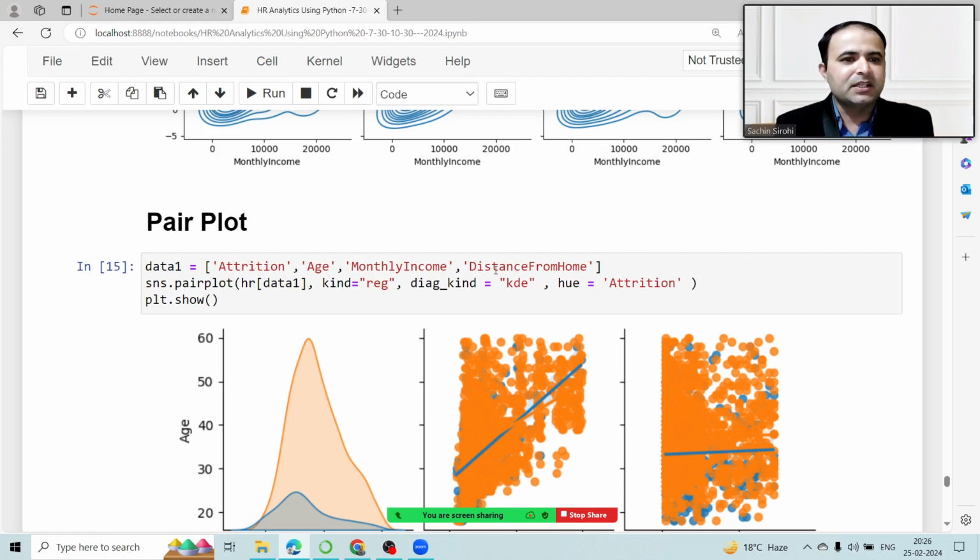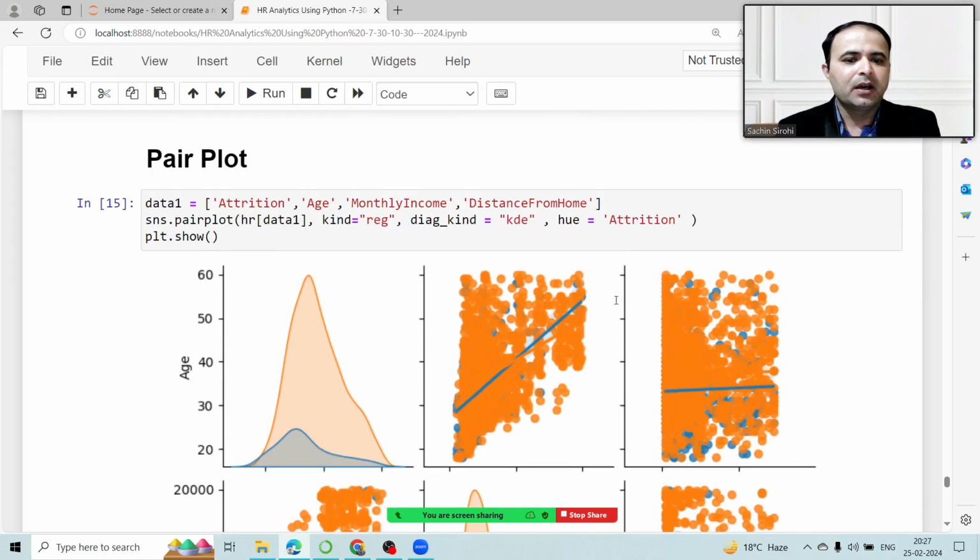So we consider the four factors for the attrition, for example age, monthly income, distance from home, etc. So we want to check all these things. Data kind of reg, diag kind KDE. So it is a pair plot basically. It is a property of this plot.